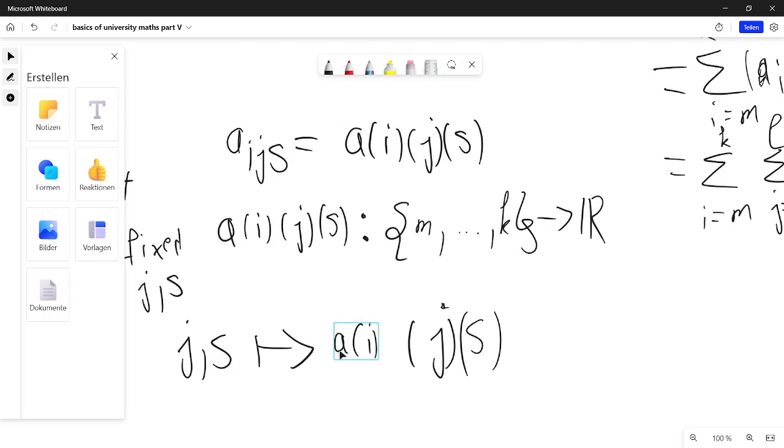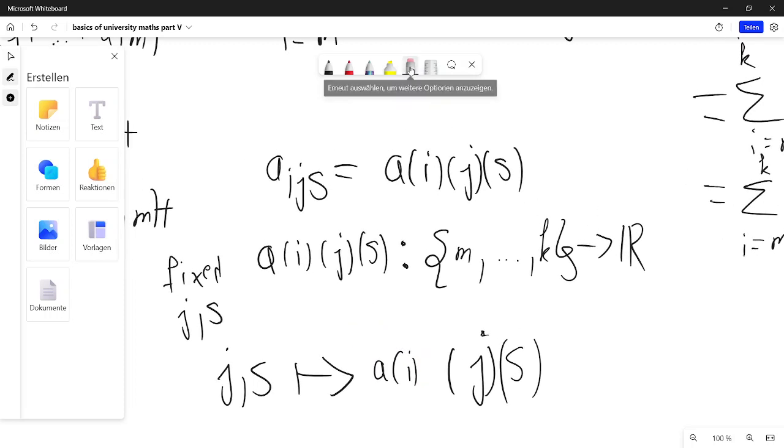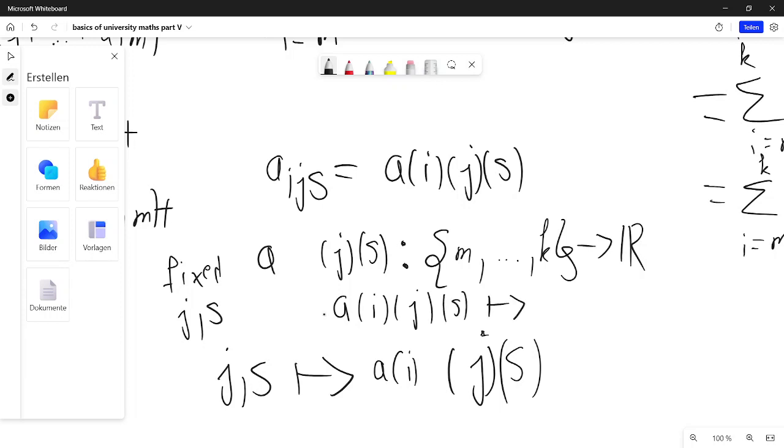We get a function A of J, S. Here I conflated: A of J, S gives us that function, and now A_i of J, S is that we evaluate this function at i. It doesn't matter how we write it, but I'd like to write it comprehensively, right? All right, A_i J S.